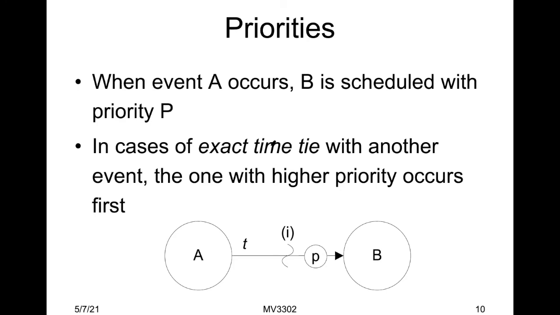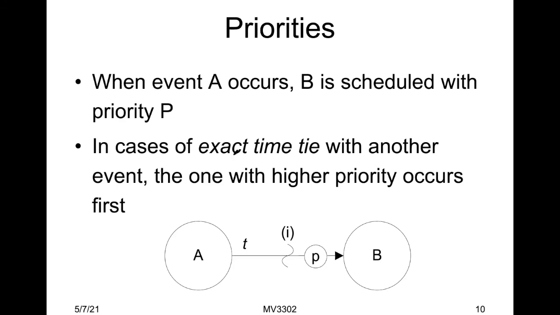In other words, by default, you cannot specify without additional work whether one event should happen first or the other. Sometimes you need to do that, and that's where event priorities come in.